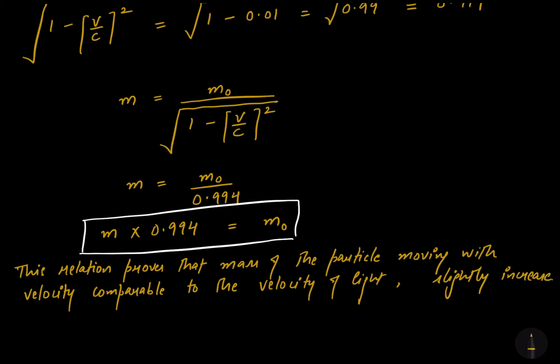The mass of the particle moving with the velocity comparable to the velocity of light slightly increases.